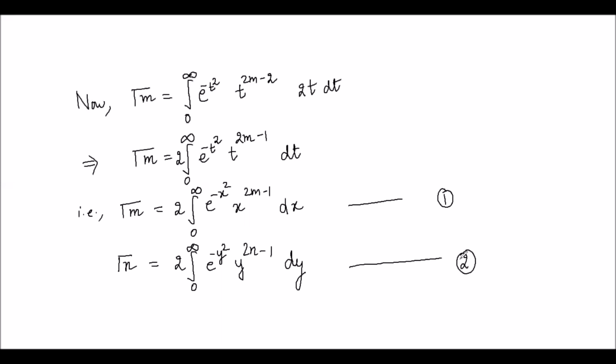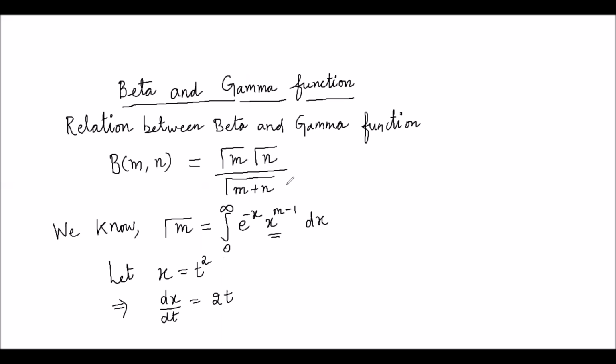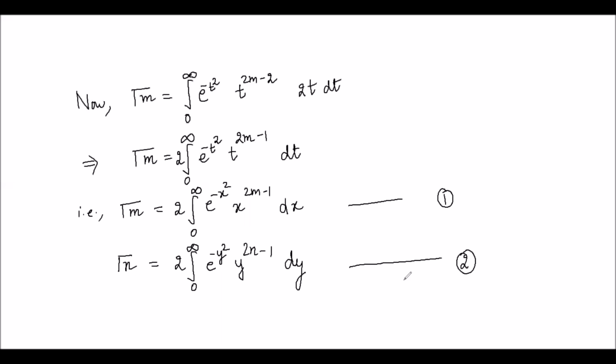The result which we have to prove involves the product of gamma m and gamma n. The numerator of the right hand side is gamma m, gamma n. So let us consider the product of these two, gamma m and gamma n.